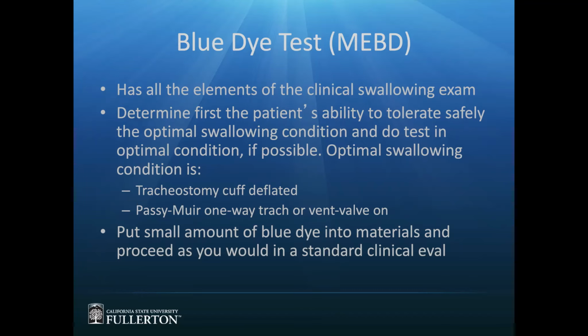And because we know that the speaking valve affects swallowing in a positive way, and cuff deflation affects swallowing in a positive way, we would like to try it with the tracheostomy cuff deflated and a Passy Muir valve on.